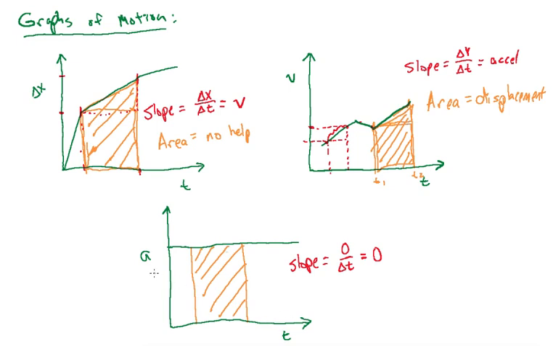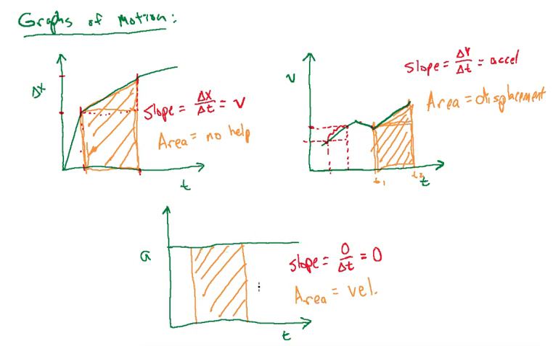And an acceleration times a time, a meter per second squared times a second, would give you a meter per second, so you get velocity. You would get velocity. So you could take an acceleration versus time graph and rebuild a velocity graph.